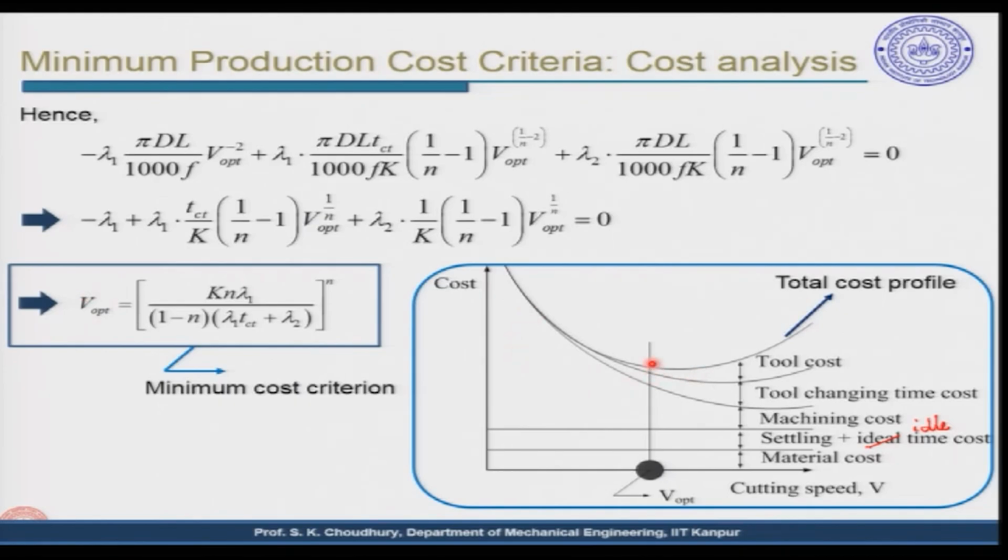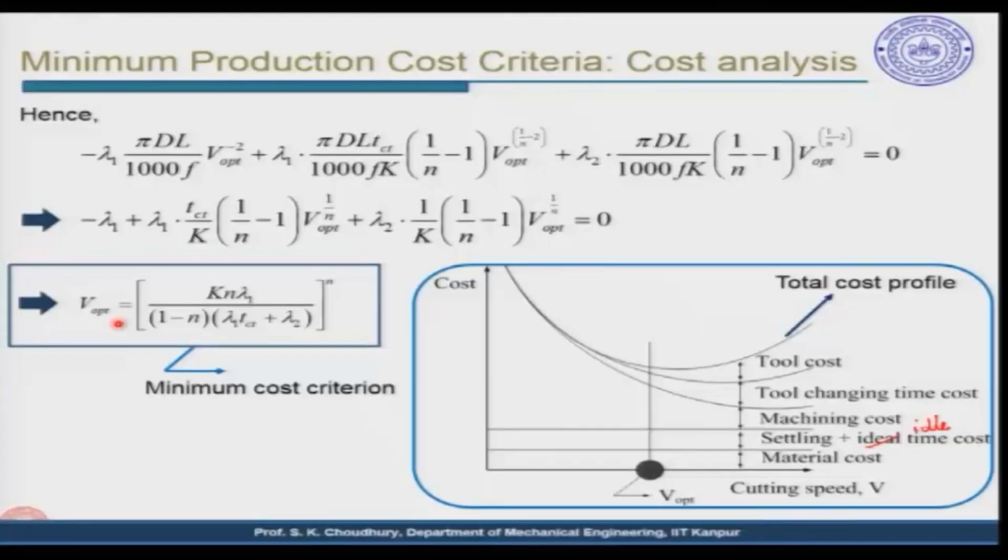Mind one thing, that here we are taking care of only the velocity as a component. Now, similarly, we can also find out the optimum value of the feed and the optimum value of the depth of cut, at which the cost will be minimum. In that case, as you understand, the first derivative has to be taken with respect to feed f or with respect to depth of cut and equated to 0.